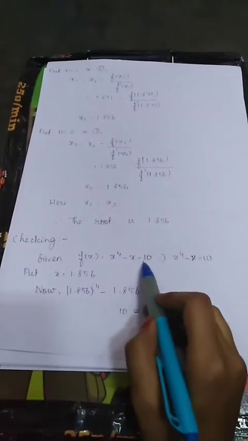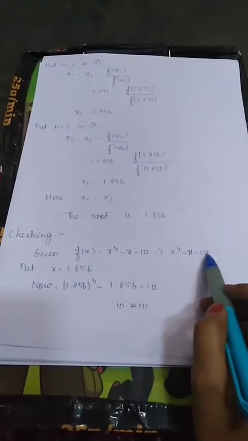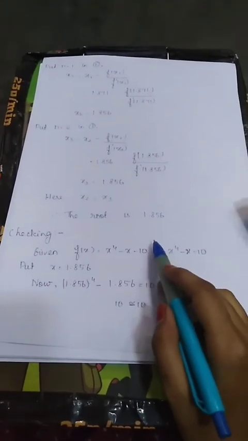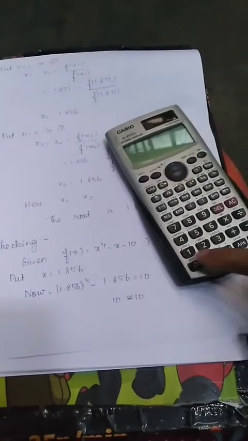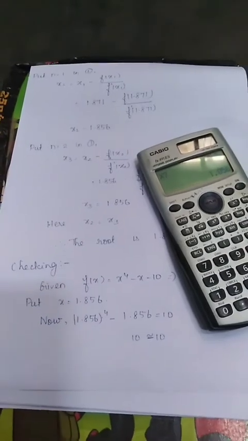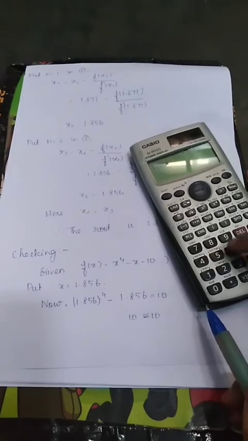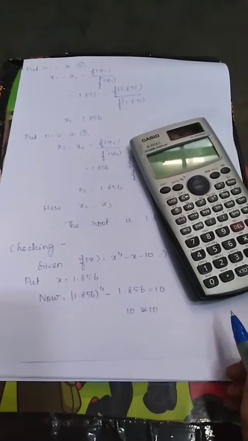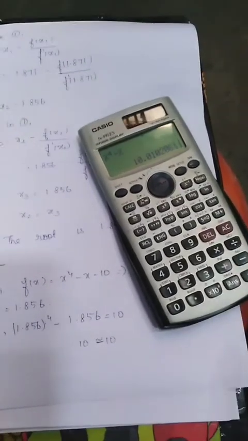Given f(x) = x^4 - x - 10, now x^4 - x = 10. Solve. Putting x = 1.856, we get the answer nearest to 10, which is 10.